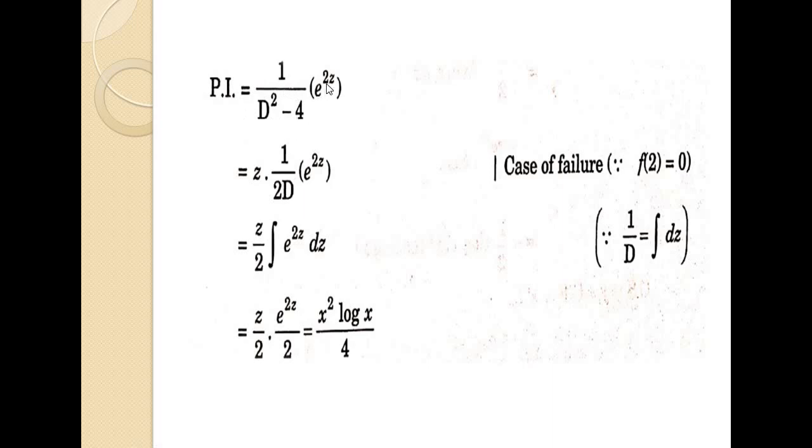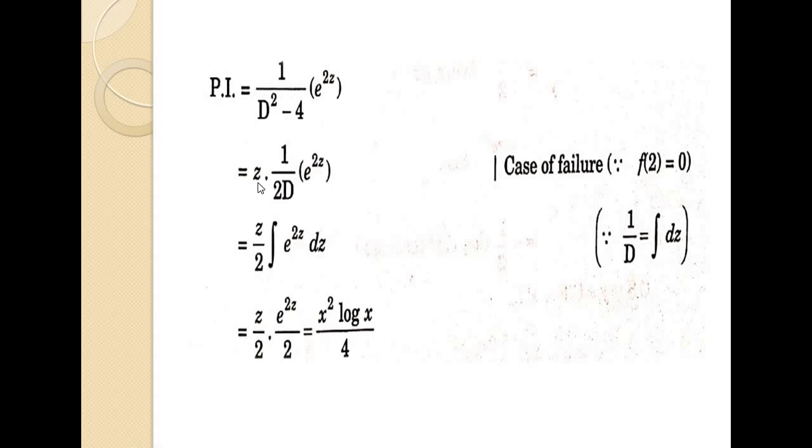What happens if we substitute D equal to 2? This denominator is going to become 0. So in that case we should not substitute 2 in place of D, because f of 2 is 0. So if f of 2 is equal to 0, we have to differentiate this with respect to D, and we have to multiply with z here.